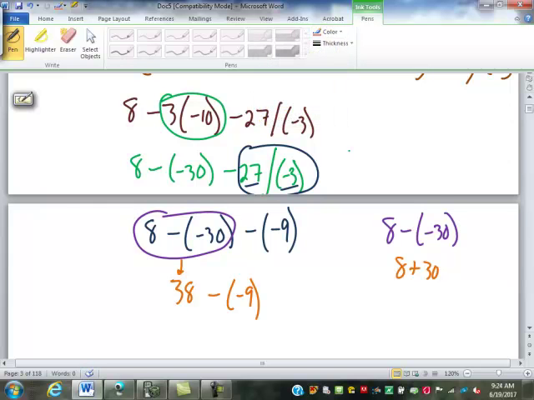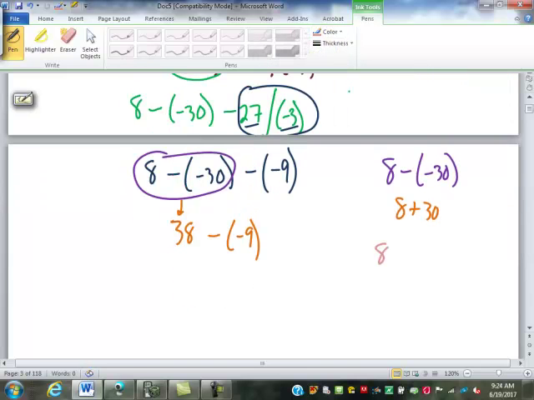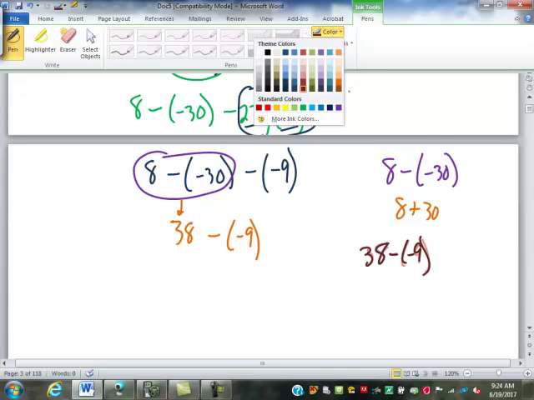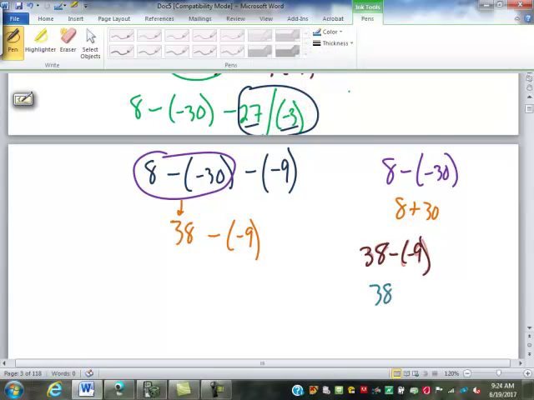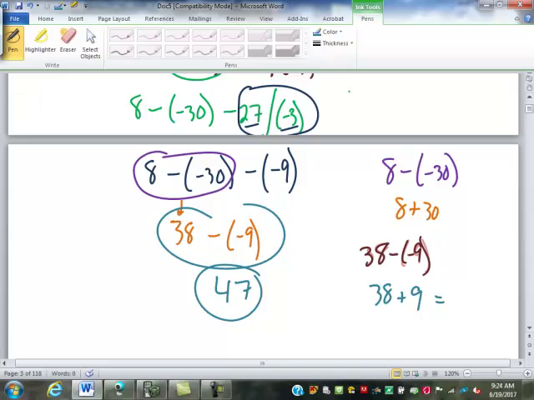Again, we have 38 minus a negative 9. 38 minus a negative 9 becomes 38 plus 9, because minus a negative is plus a positive, which is 47. So those negatives, again, could come back to haunt you. Be careful with them.